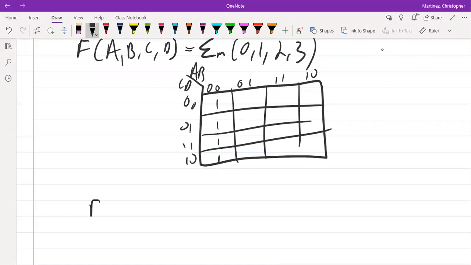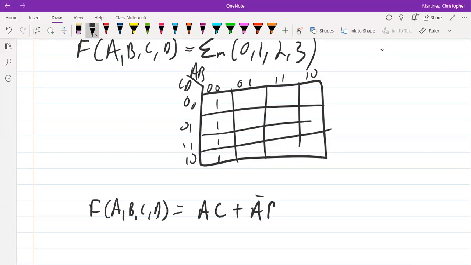Another way is maybe we have an f and it's a, b, c, d, and instead of minterms, we are given an expression. Maybe we're given something like ac or a bar b d or b bar d bar or a bar c or a bar b bar c d bar.